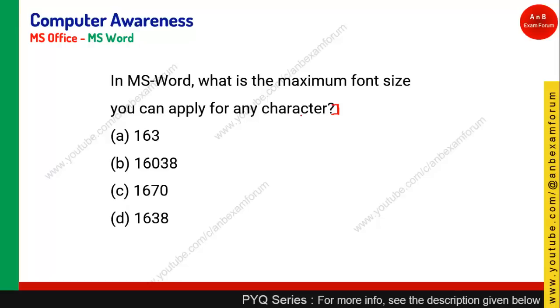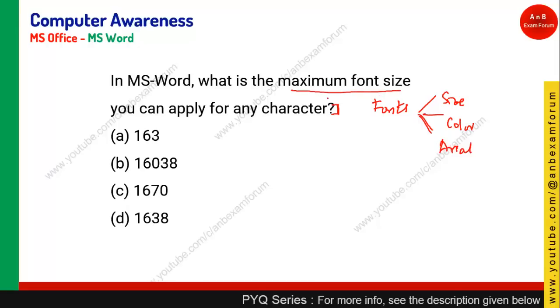These are fonts. Fonts have certain properties or attributes, like what is the size, what is the characteristic, or what are the colors, like what font you have used. Like I have used Arial one. There are many fonts. And the question says what is the maximum size that you can apply.